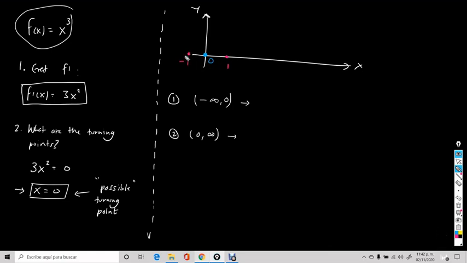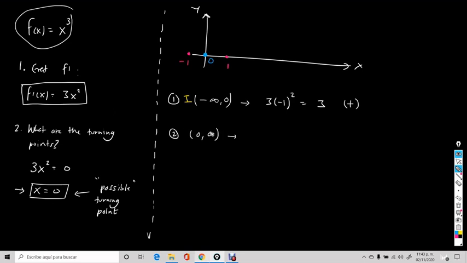Let's evaluate the derivative at minus 1. It's going to be 3 times minus 1 squared, so I get 3. And all I care about is the sign. It's positive. So that tells me that over this interval, my function is increasing. And I do the same for the other interval from 0 to infinity.